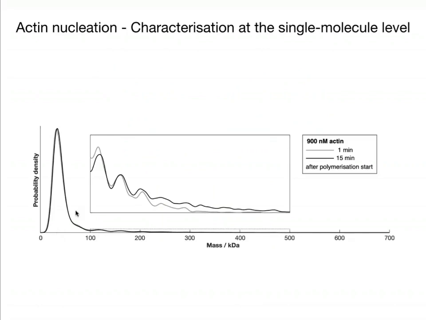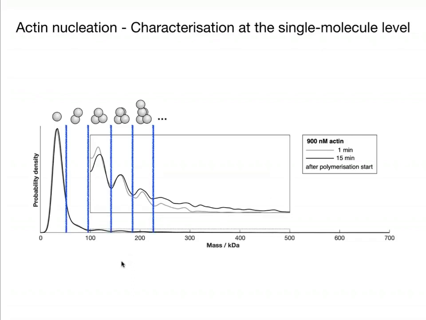But you also see these smaller humps over here, which are at equally spaced mass distances to each other. You see a zoom in this picture here. And this is very easy to interpret because these are basically just the individual oligomeric species of the actin.